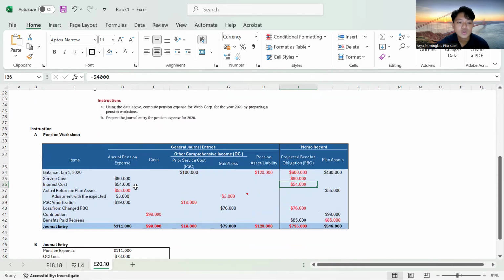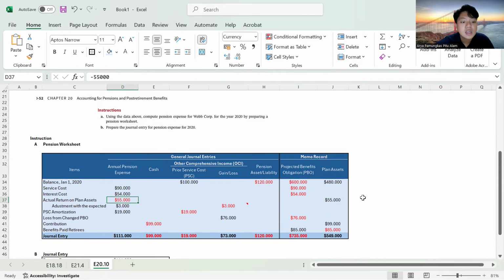And also these are going to add to the PBO itself. Then the actual return on plan assets, like stated here, is going to be the annual pension expense, which is a contra, so we are subtracting it, and we are also adding it into the plan assets, both for $55,000.